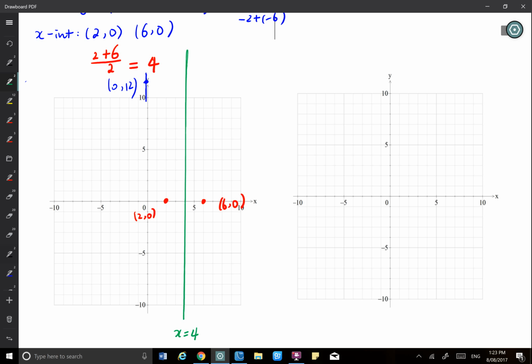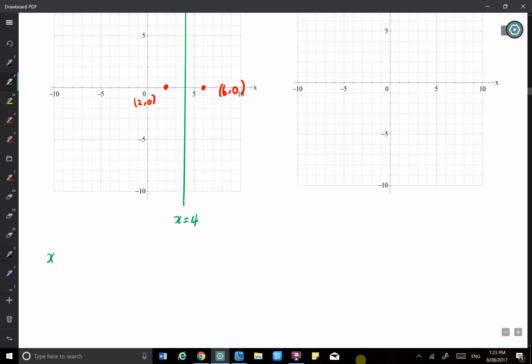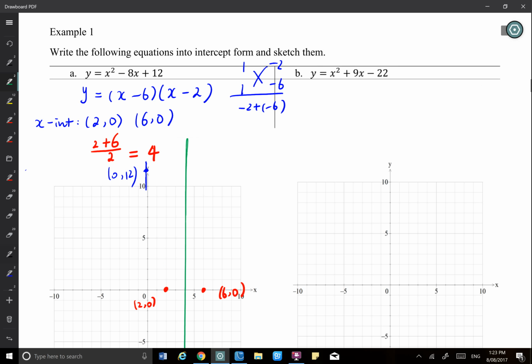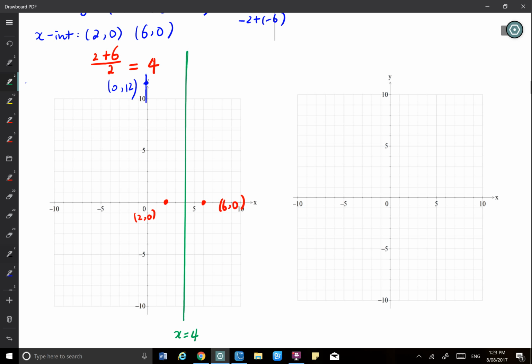So 4 is the x coordinate of the turning point, and y equals minus 4 by substituting.